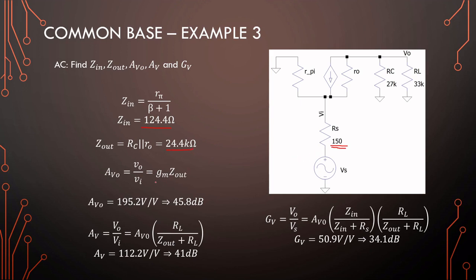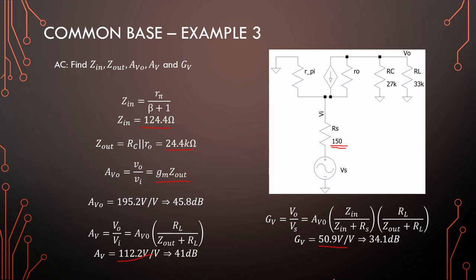Output impedance remains the same. Gain 195.2 volts per volt. The load again is close to the output impedance, so roughly half, and also roughly half for the input because 150 is close to this 124.